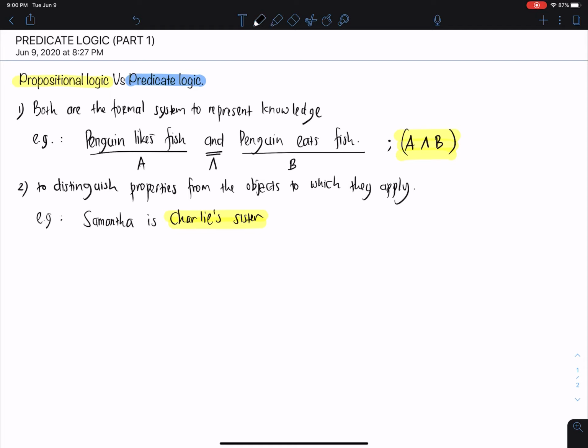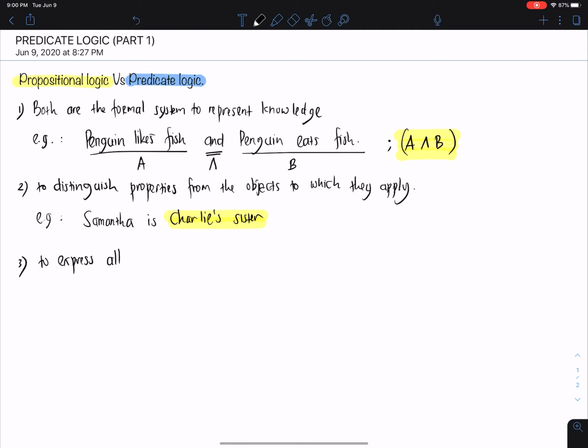And next, to express all, like referring to quantity or numbers. Here also propositional logic doesn't have this kind of function.